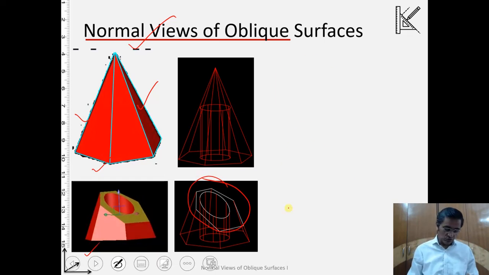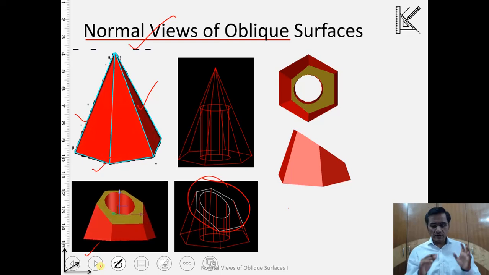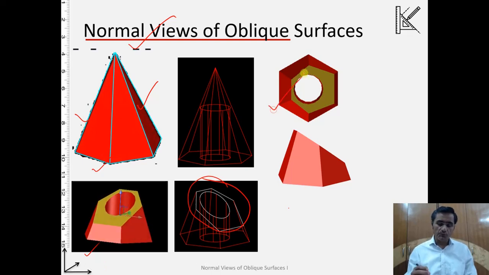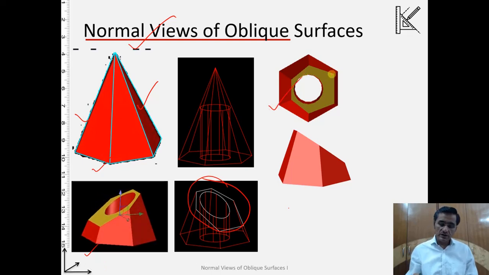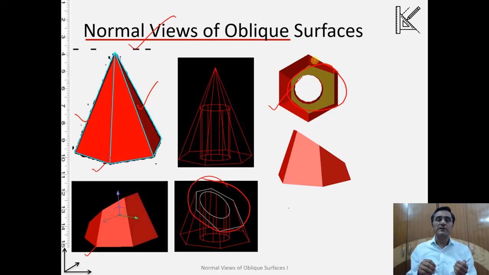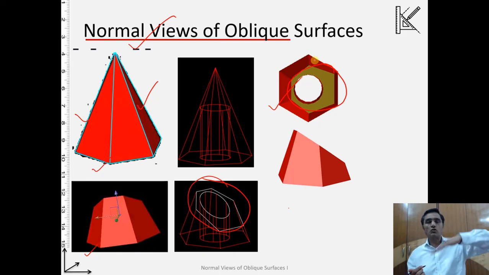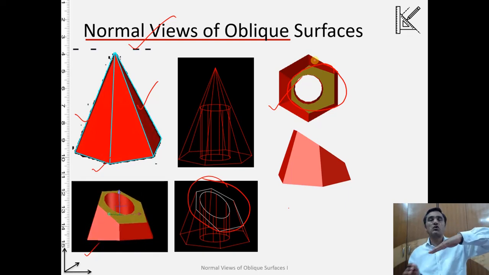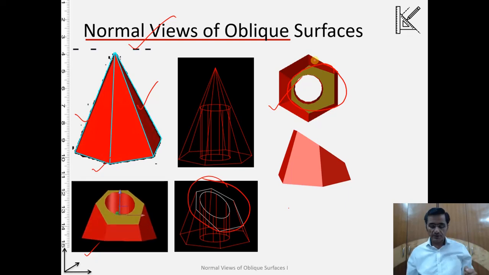If I show you some views of this, so we have a top view of this. So naturally this particular part or the surface which is result of the cutting of that pyramid will be projecting onto the horizontal, but as a foreshortened view, as a distorted view.